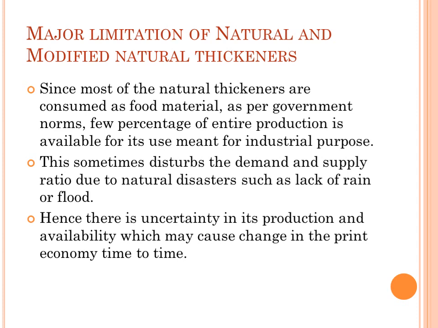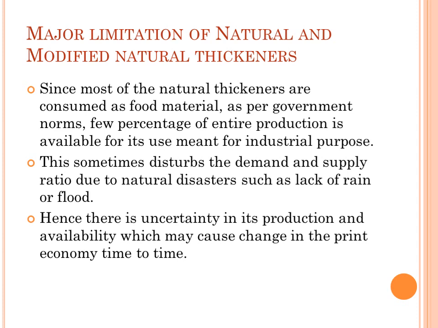Major limitation of natural and modified natural thickeners is that most of the natural thickeners are consumed as food material. We know that rice we consume as food, wheat also we consume as food, maize also we consume as food. Most of the plant exudates are being used for medicinal uses, even in soups and all such food matters.